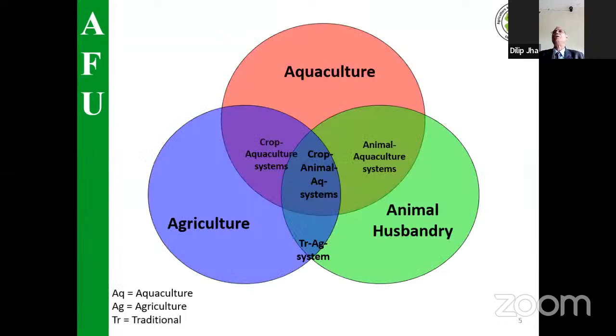So how are we going to integrate all? As our convener already indicated, we have different forms of activities, even if we visit mostly the rural areas of Nepal, rural India or other Southeast Asia, it's very common. So aquaculture, crop aquaculture systems, animal aquaculture systems, animal husbandry, agriculture.